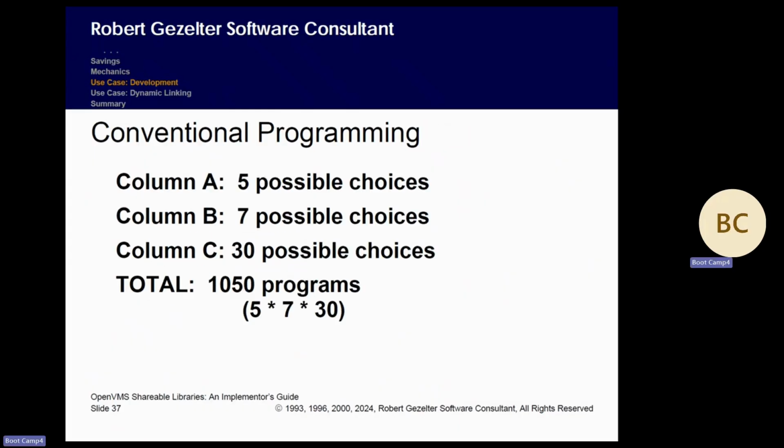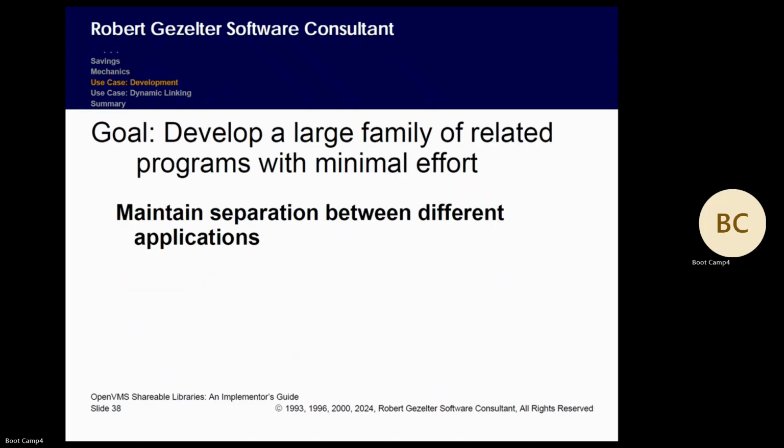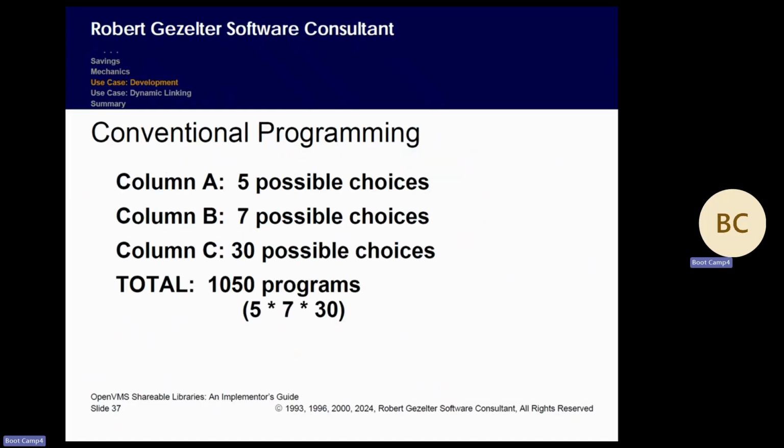What does this look like? Well, if you multiply these all out and hard-coded everything, you'd have 35 times 30, which works out to be about 1,000 programs. That would be a mess. And remember, every couple of days, somebody is adding another choice.